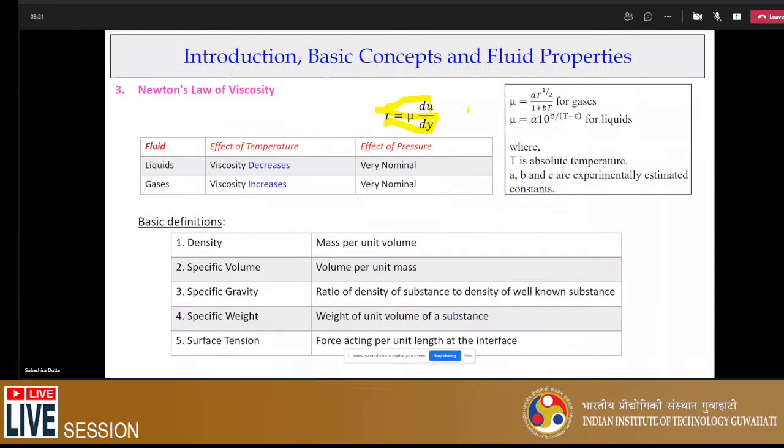If you try to understand it with a very simple experiment conducted by Newton, established with a series of approximations, the shear stress in a fluid has a linear proportionality to the shear strain rate, or the velocity gradient.